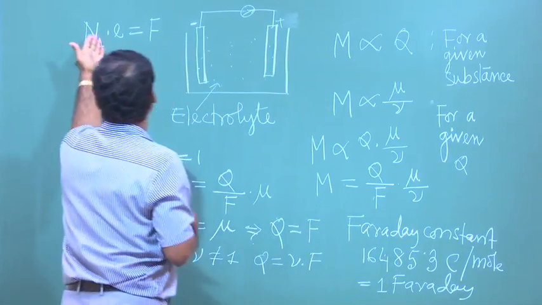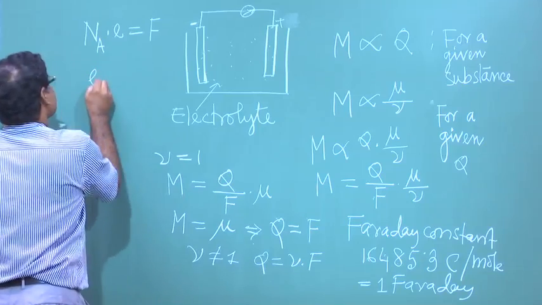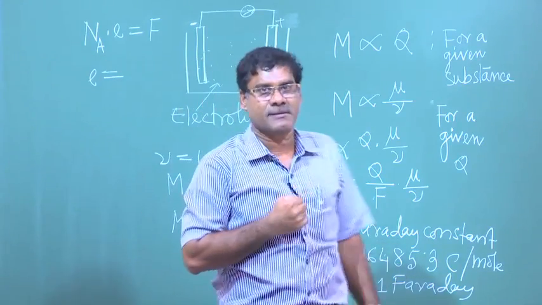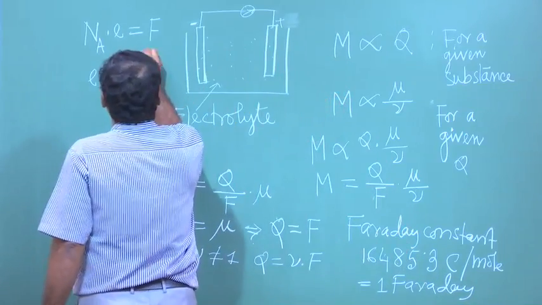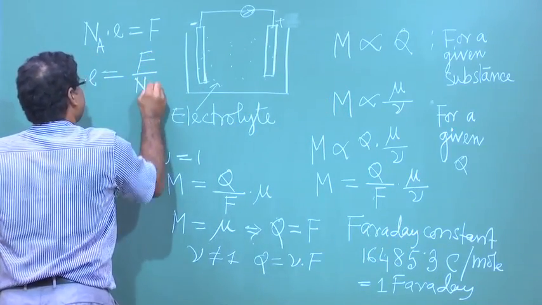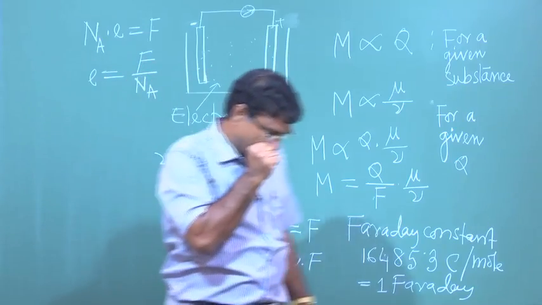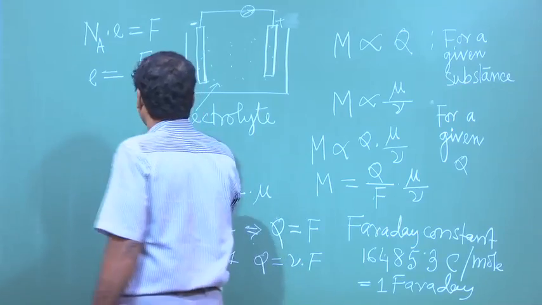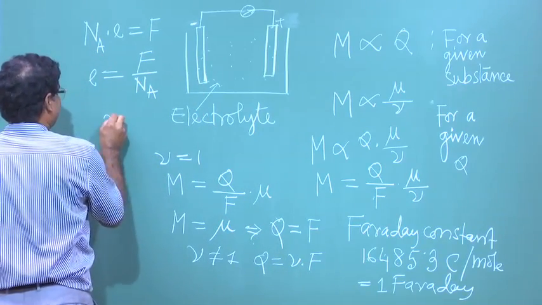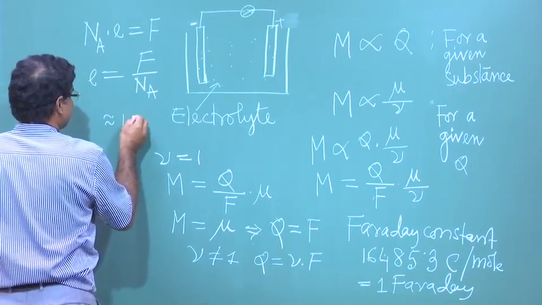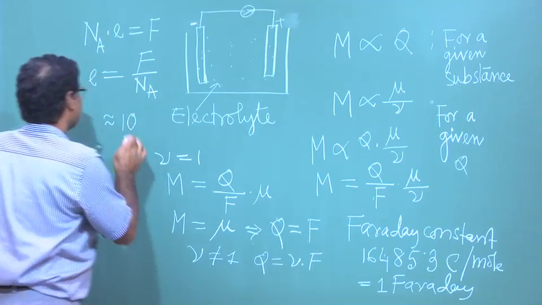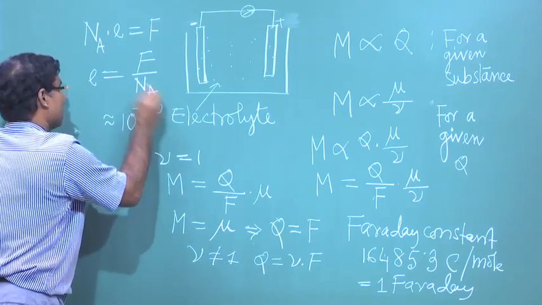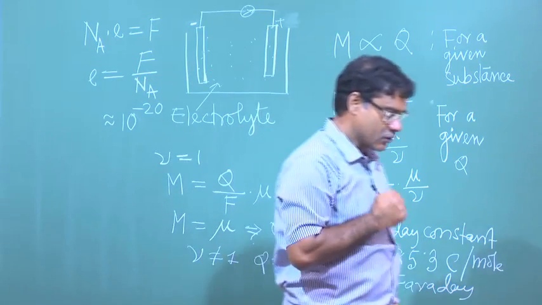So, from here one can estimate the natural unit of electricity, that is E equal to F by Na. At that time it was estimated, and the value was calculated to be around 10 to the power minus 20 coulomb.